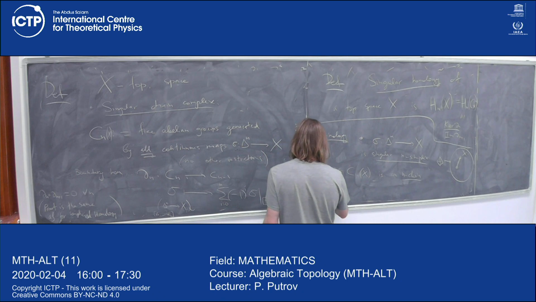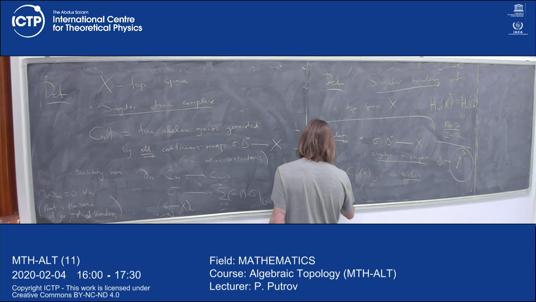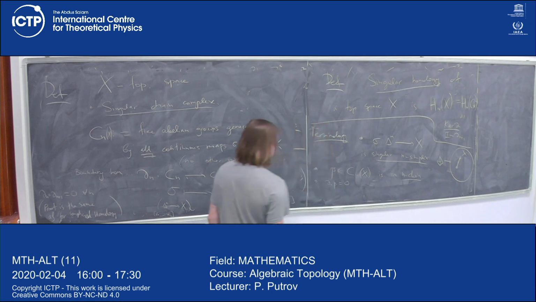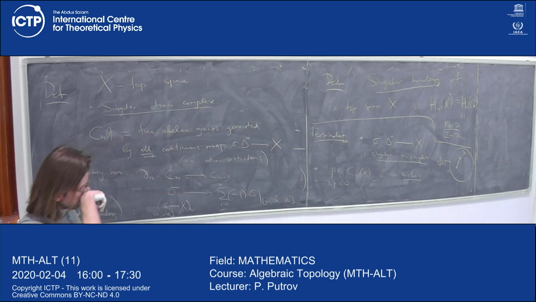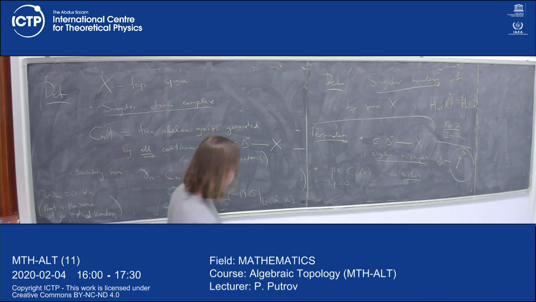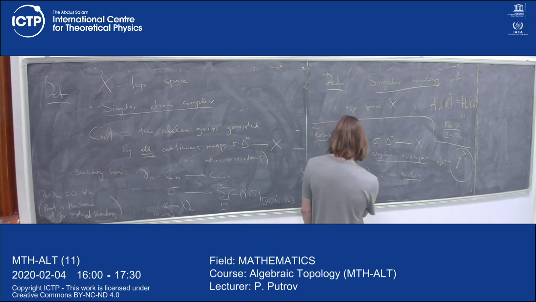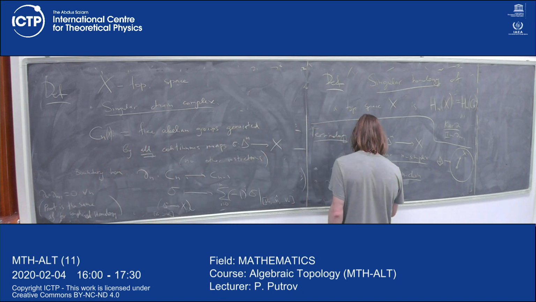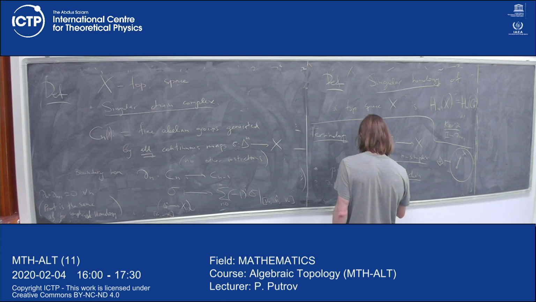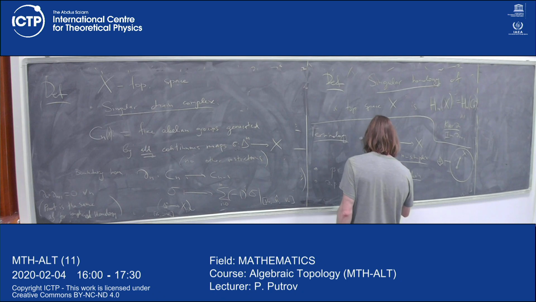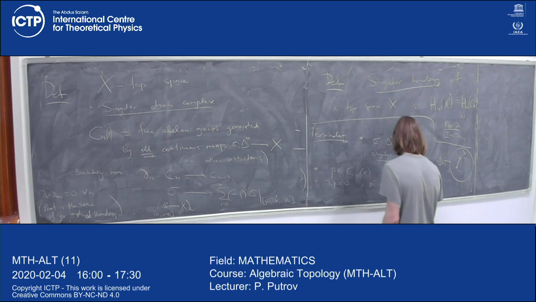If in addition we have the condition that the element beta is in the kernel of the boundary homomorphism, then we call it an n cycle.